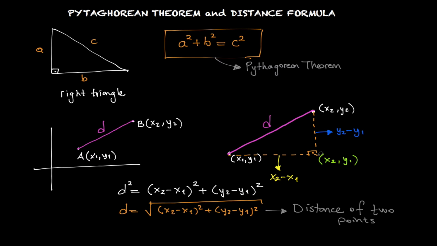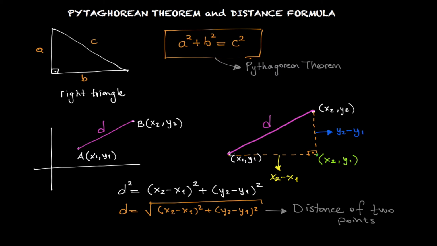The point here, I want to show this point, has the x coordinate from x2 because it has the same x coordinate as this point B, and this green point here has the y coordinate coming from A. So (x2, y1) is this point. Okay, so this is a right triangle, right?